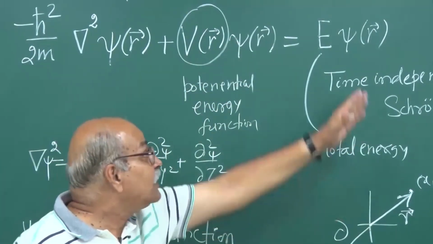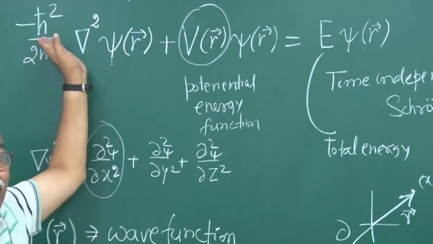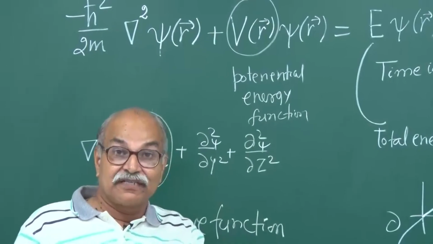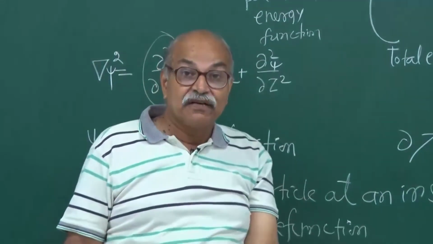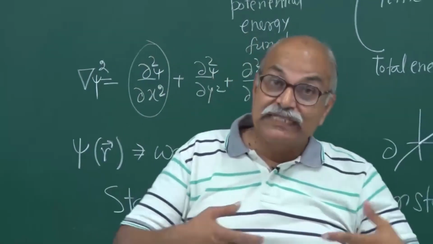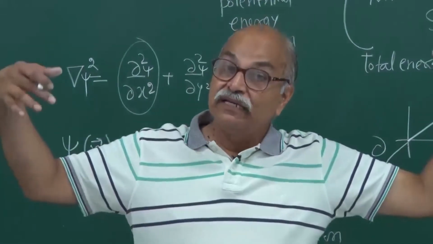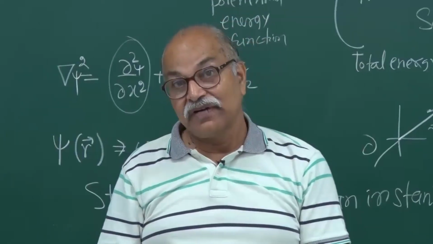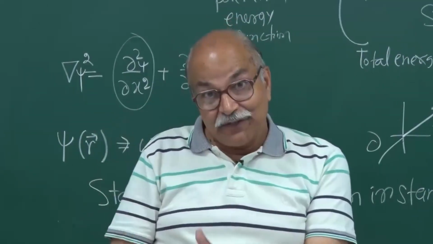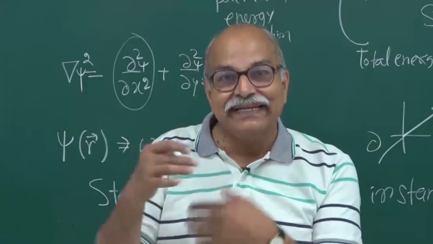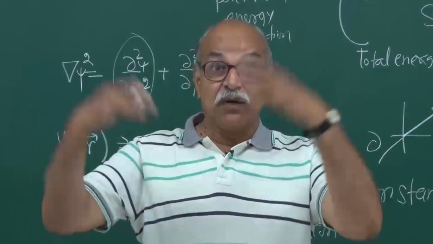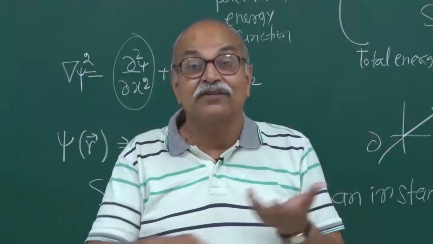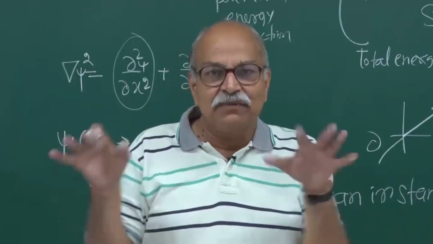So this E and this psi, I have to find E and psi so that this equation is satisfied, and there are certain restrictions on this wave function. For example, this wave function should go to 0 if I go to very large distances from the potential centers, or if I do some kind of squaring and integrating, it should not blow up, it should not go to infinity. It should not be a discontinuous function, it has to be a continuous function. So there are some restrictions.